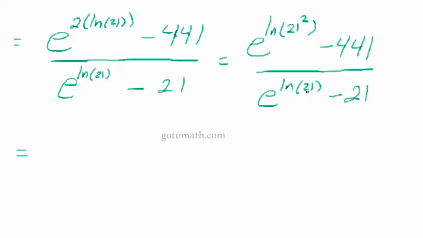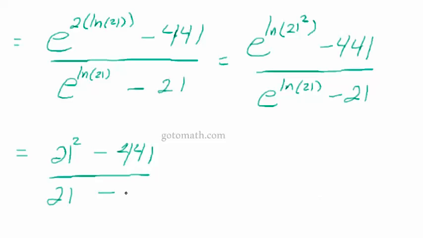We're not going to get into all these log properties. At some point I'll have a section in the algebra section where you can go back and review your log properties. But when you have e raised to the natural log up here, it all just collapses down to 21 raised to the second power, and the same thing goes on here.